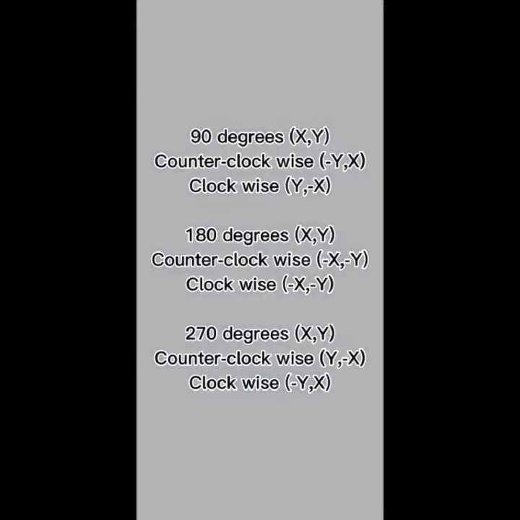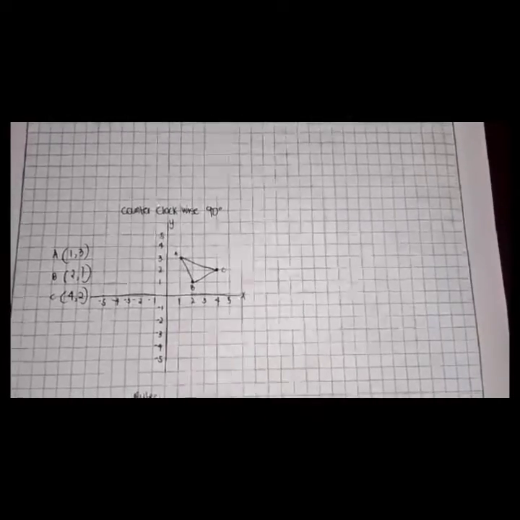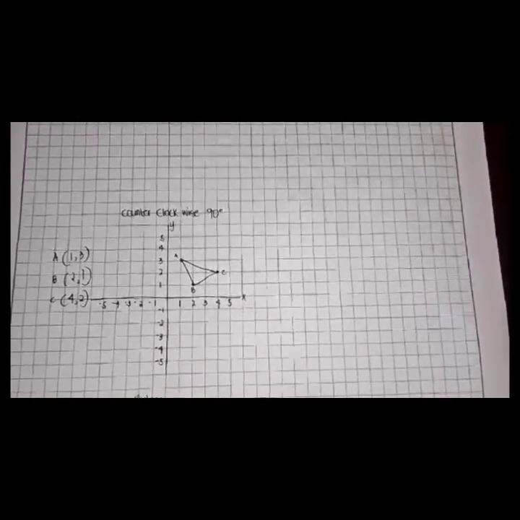The rotation has rules. There are some general rules for the rotation of an object using the most common degree measures. So here are the rotation rules. So here is the example of counterclockwise with 90 degrees.